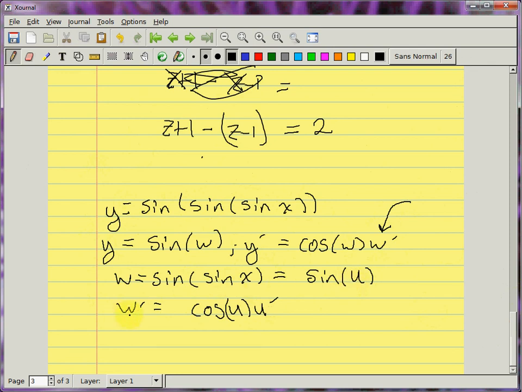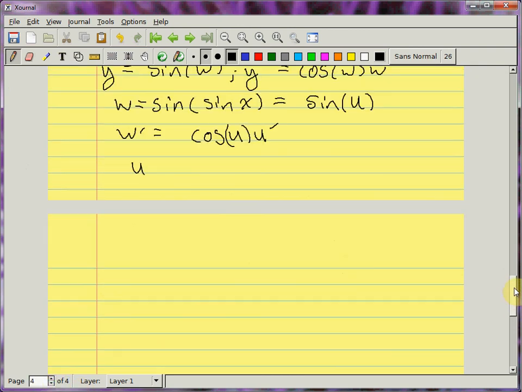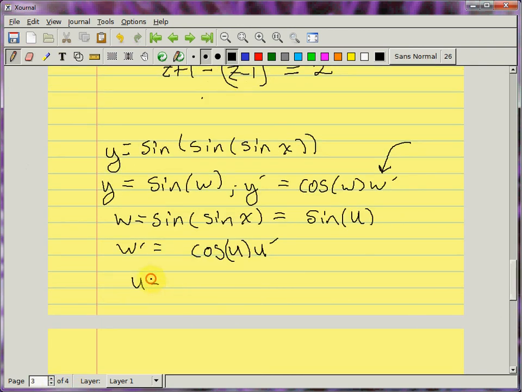And so to find w prime, we have to use the chain rule again. And so how did it work? What was u? U is equal to sine x. And so that means that u prime, now we're finally down to the ground, is cosine x.